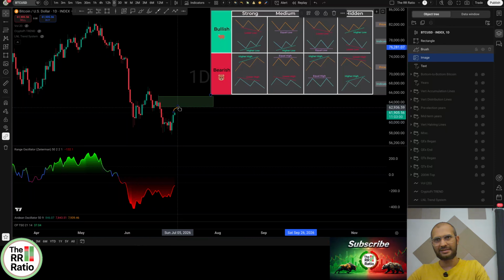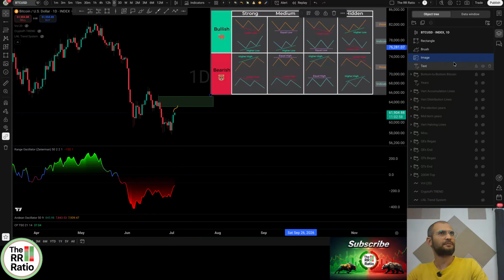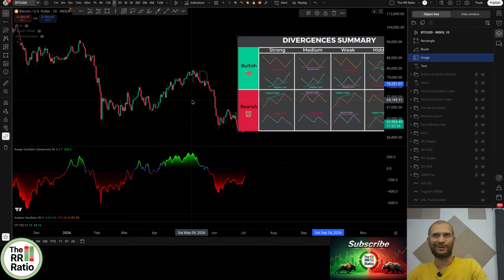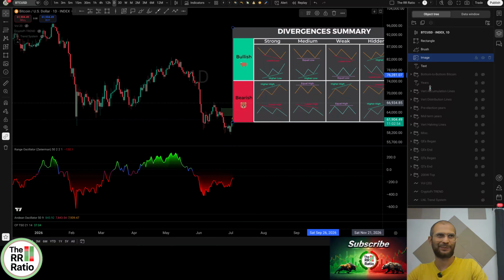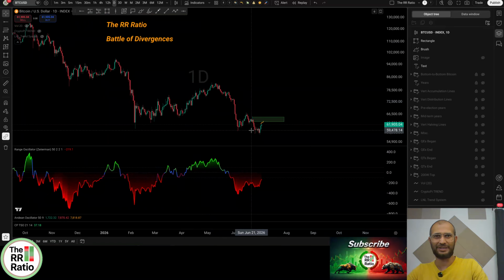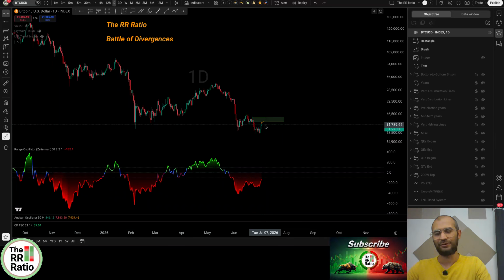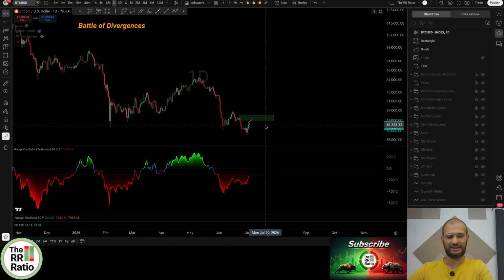And in this case, I feel that the battle of divergence is quite interesting, in the sense that we see bullish divergence happening, we see bearish divergence happening, but we have to also give weightage to how the price responded after a divergence happened, and how far in the history did the divergence begin.